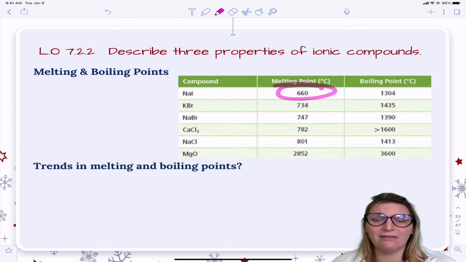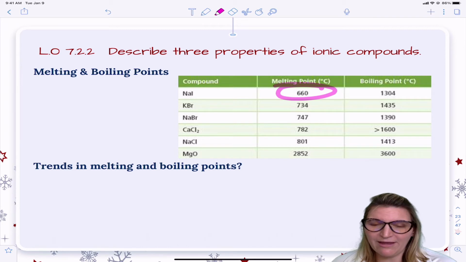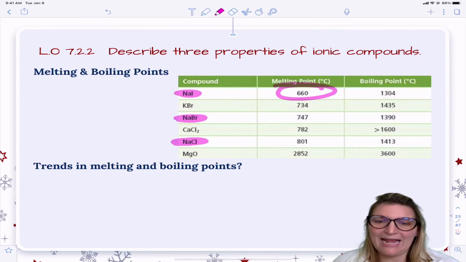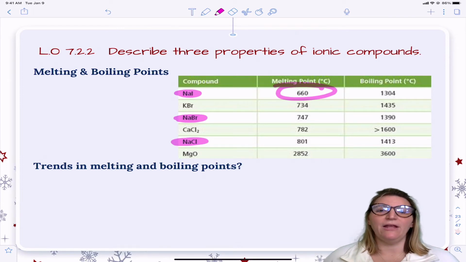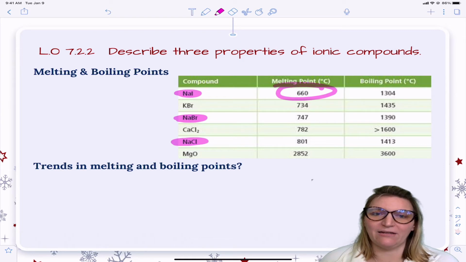And the trends in the melting and boiling points, you may notice, are very similar to the trends we saw in lattice energy because those two things are related. If I just highlight in pink here all of the Na, the only thing that's differing in the three things that I highlighted in pink is the anion, the negative one.